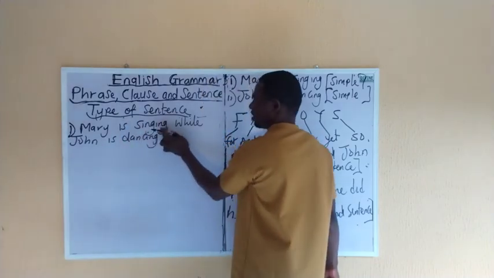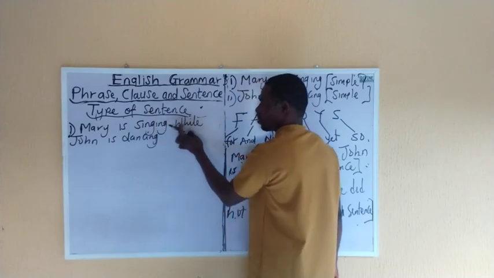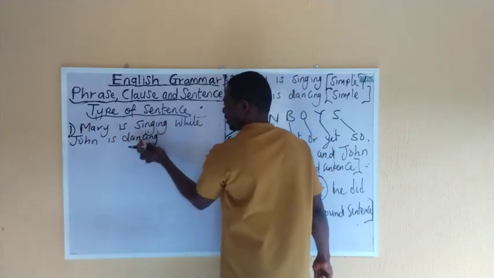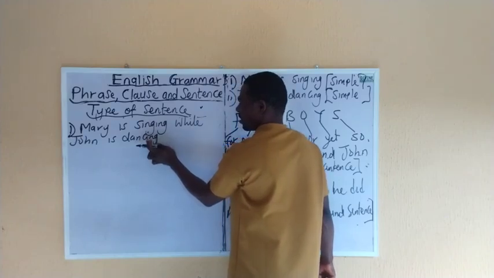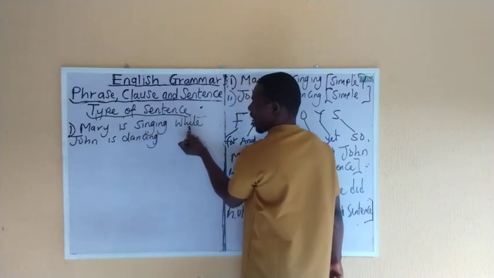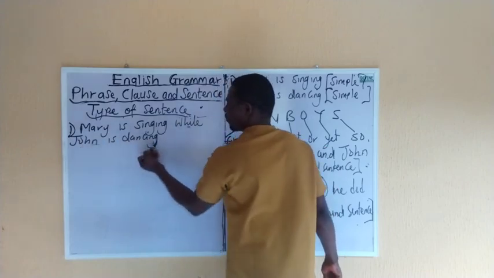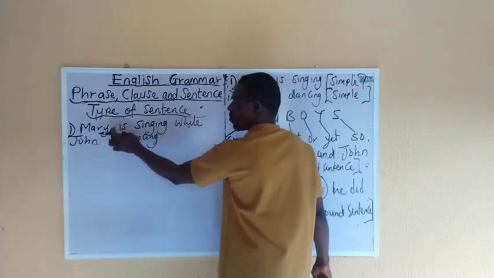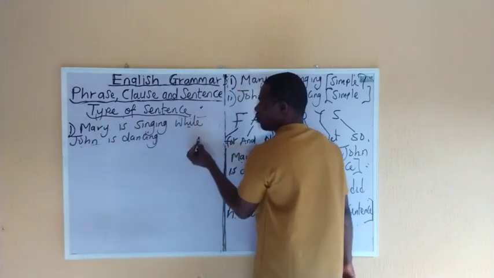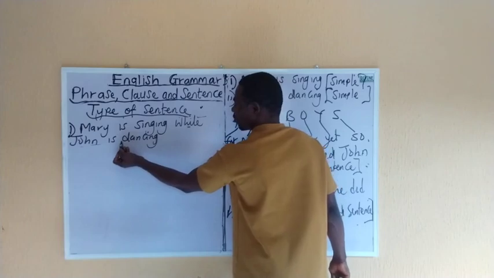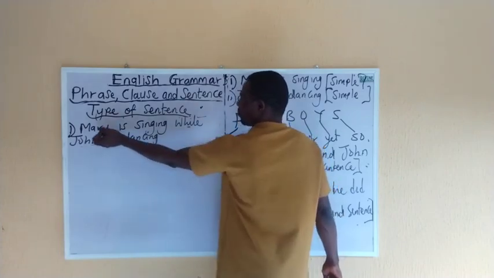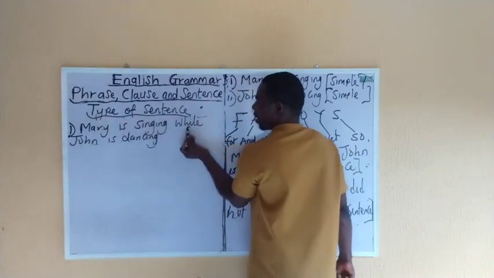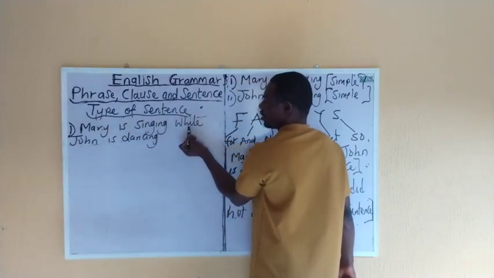Mary is singing is the independent clause, while John is dancing is the dependent clause. The presence of while has made this other part of the sentence dependent. So this is a good example of a complex sentence. Take note, dependent clauses are joined to independent clauses by the use of subordinators, and while is a subordinator.